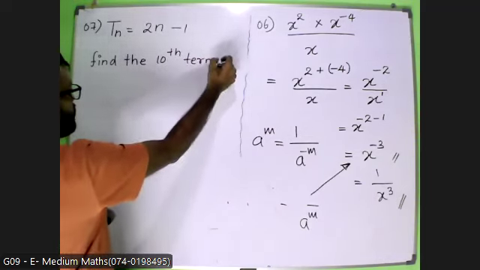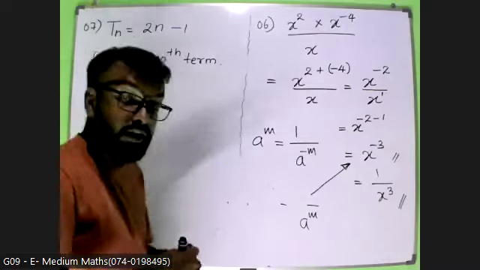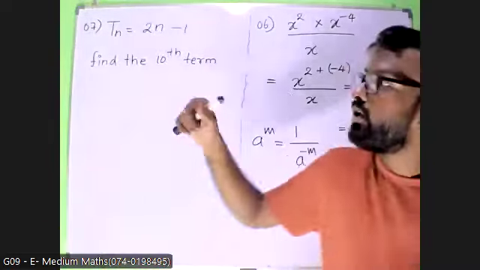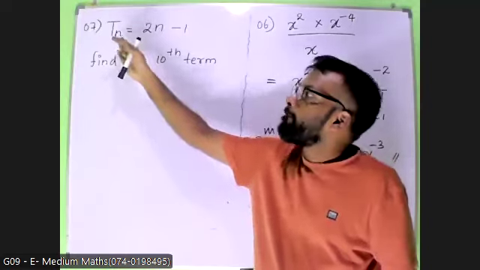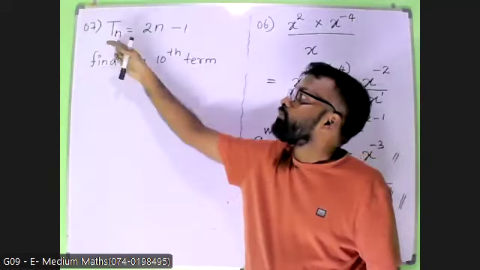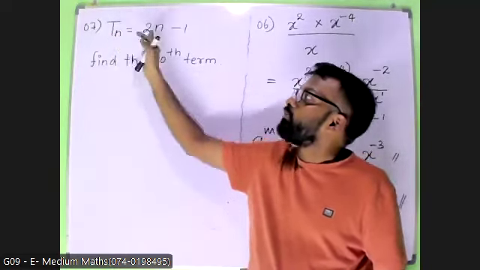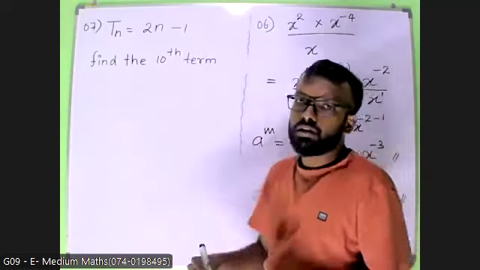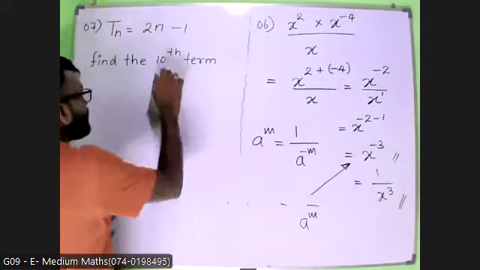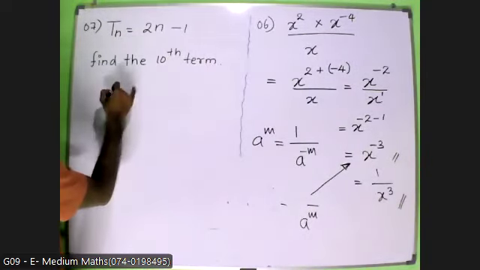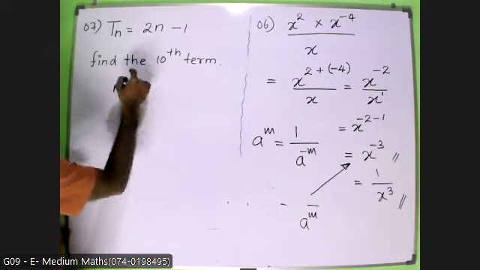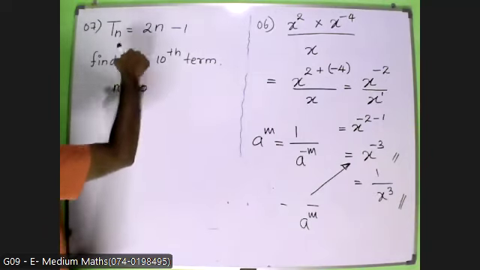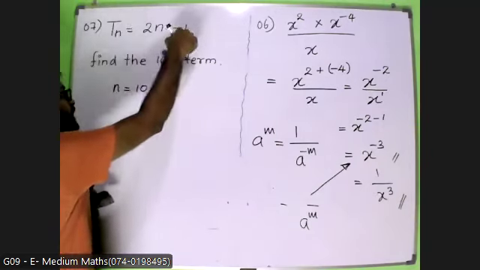We have done this earlier in the paper discussion as well. Very easy. You have been given the general term Tn, 2n minus 1. To find the 10th term, n should be equal to 10. You have to substitute n equals 10 in your general term.